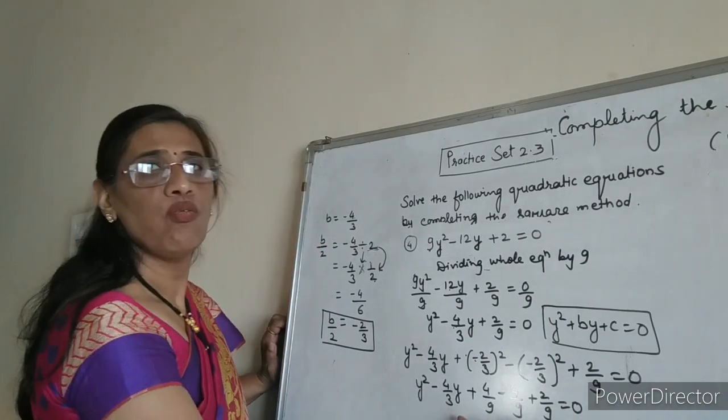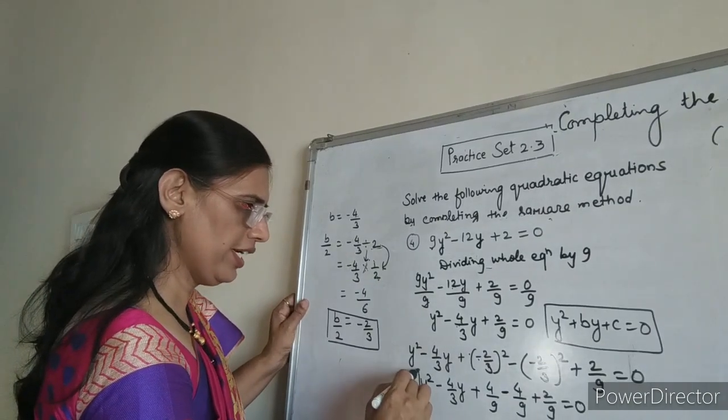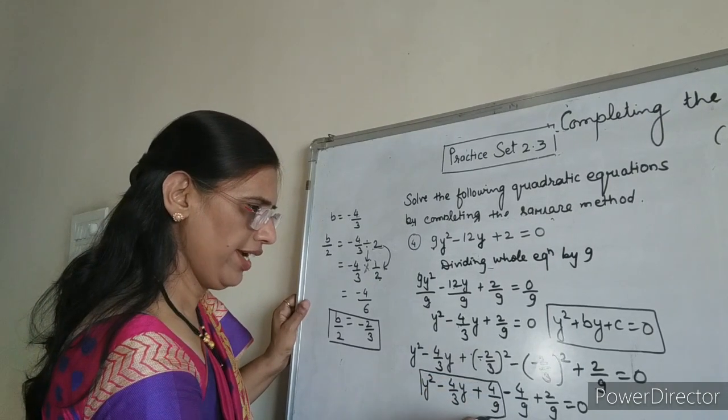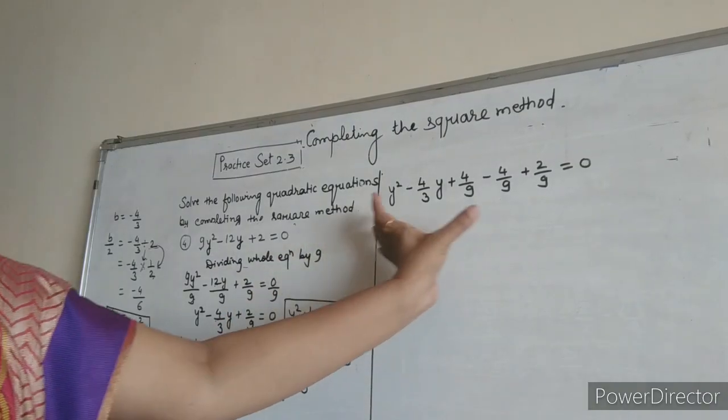Again we get 5 terms, and we know these first 3 terms form a perfect square. See, I have repeated this step.